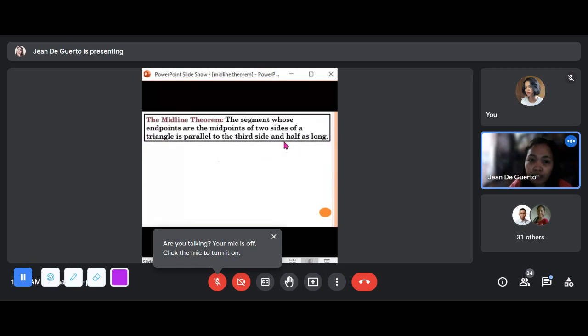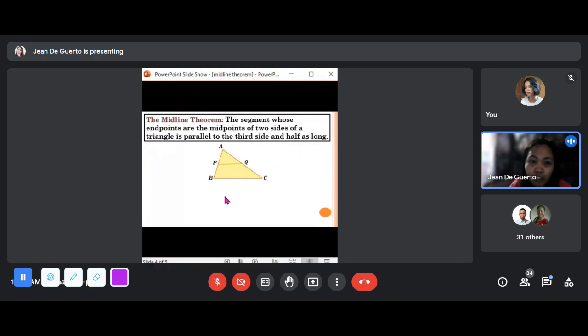And the measurement of that midline, the mid-segment of your triangle, is 1/2 of the third side and vice versa. So for example, ito, we have triangle ACB. Of course, you have side AB, side AC, and side BC as the sides of your triangle. Then we have here line segment PQ. This segment is a midline if point P and point Q are the midpoints of segment AB and segment AC.